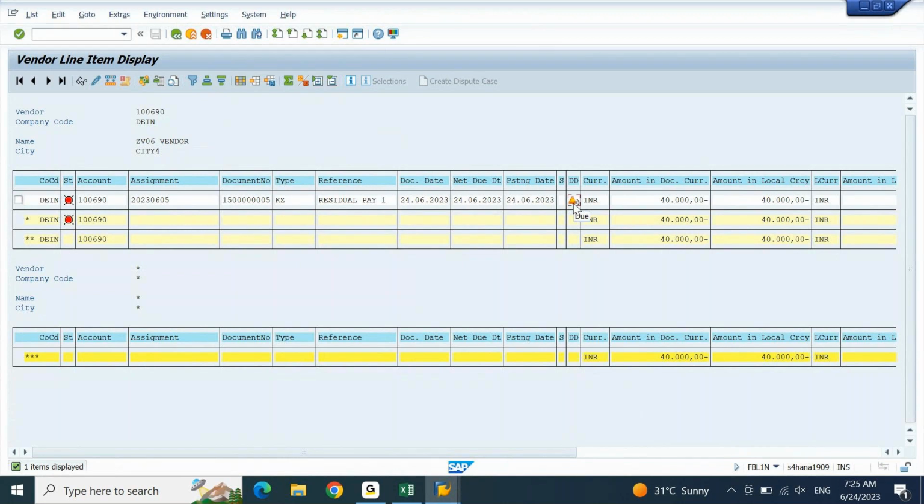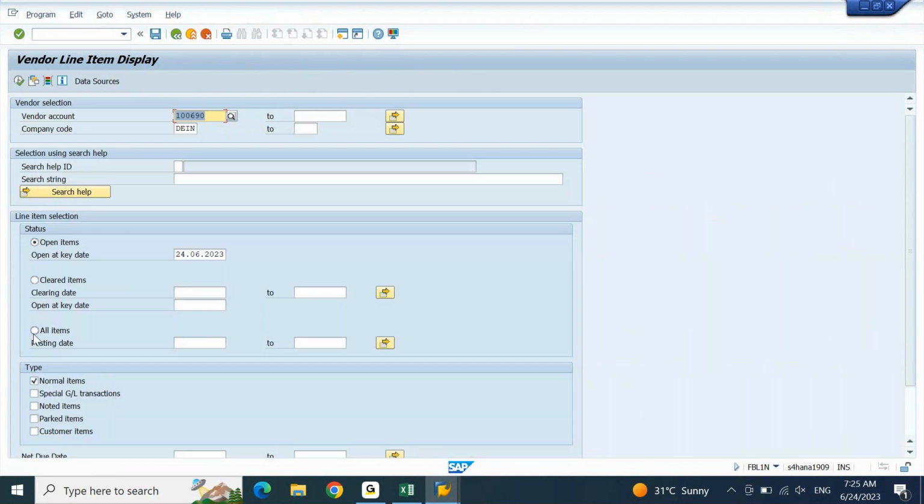Whatever the residual item is, it is showing us a new due date. The disadvantage of this due date is that your aging will go for a toss. You will not be able to prepare correct aging reports for vendor or customer if you are using the residual payment method. Let me pull all the transactions, all items.